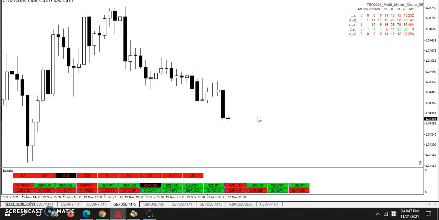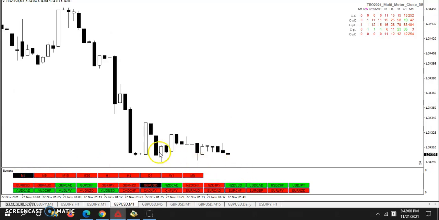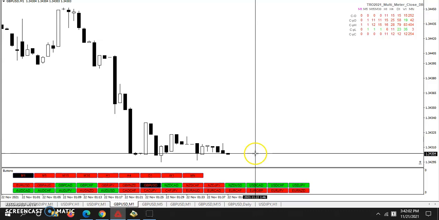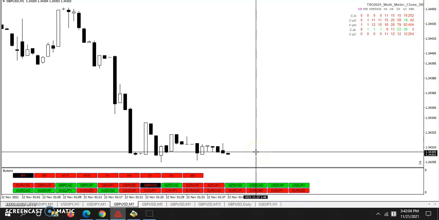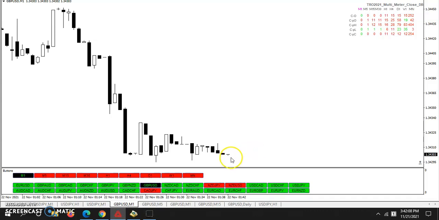So right now, I probably would just wait to see if price continues to drop. If not, maybe it'll break the high. Say if we're trading the lowest highs here, and that looks like the lowest high level right there. So we can see if price breaks that coming up.